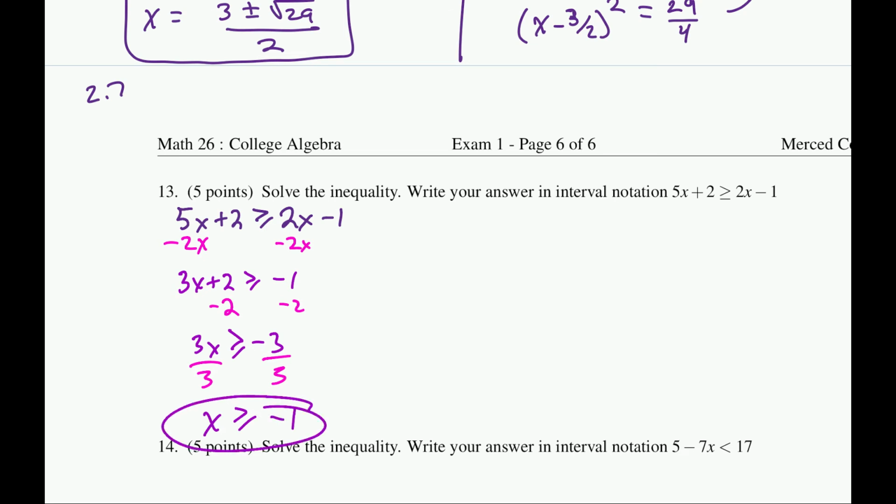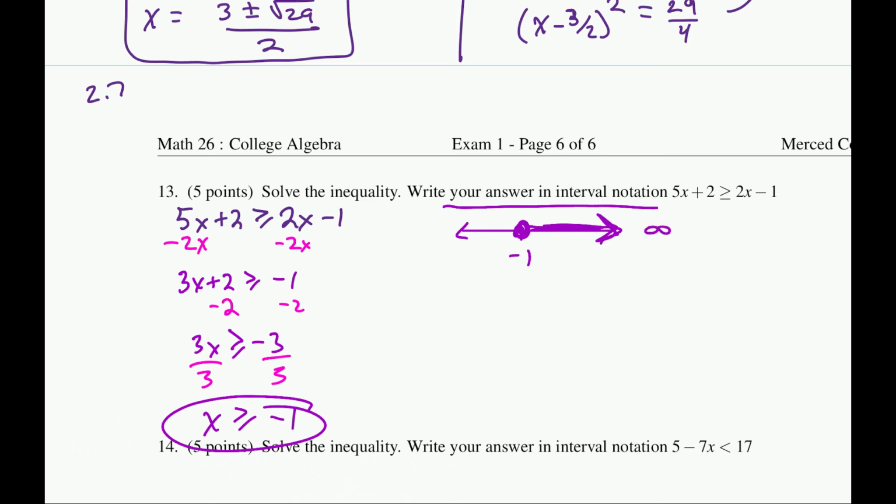Okay, that's my answer. Now, it's not quite my answer because I said write your answer in interval notation. So x greater than or equal to negative 1, on a number line, which was not asked for, is negative 1 and this way, which goes up to infinity.